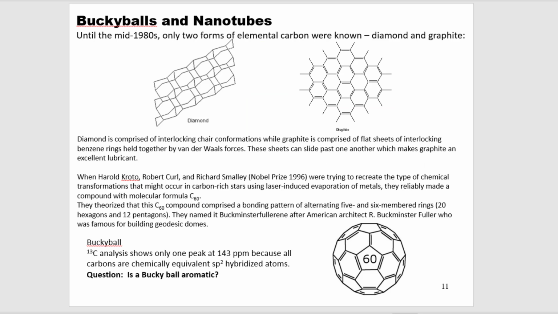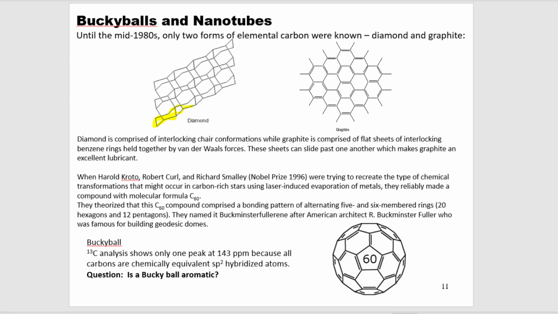Now, a little bit more about other materials out there. Some of you might have seen or heard about Buckyballs over the last decade or more. As early as the mid-1980s, there were only two ways of seeing carbon that we knew of, right? Diamond, which if you look, is our chair.